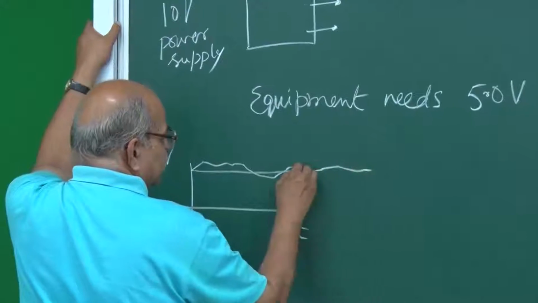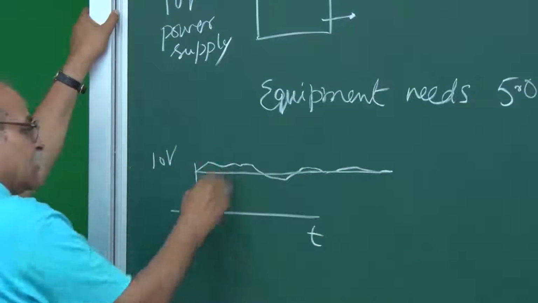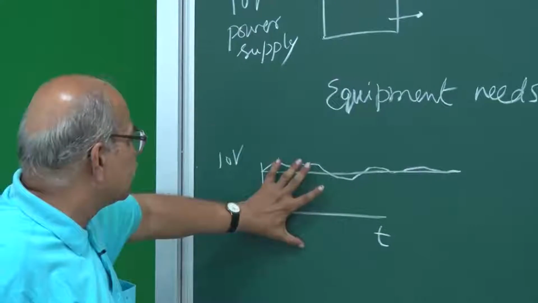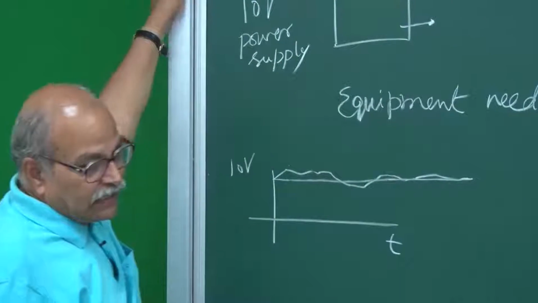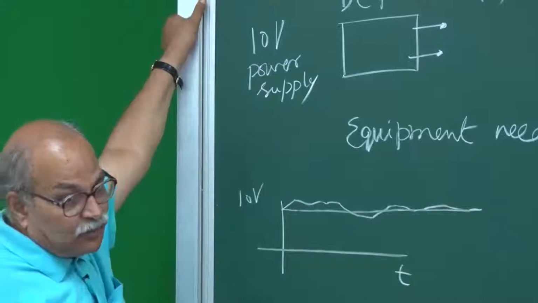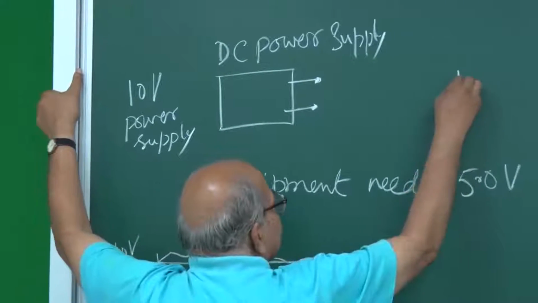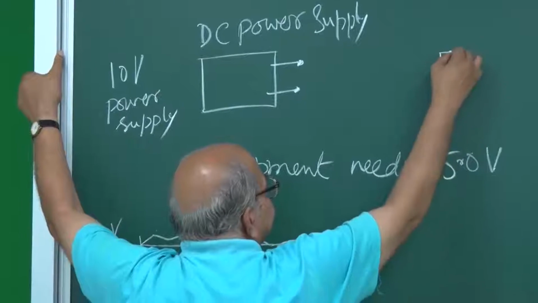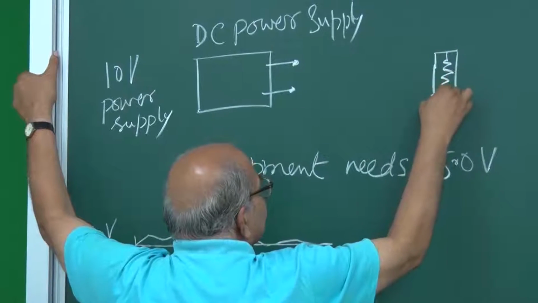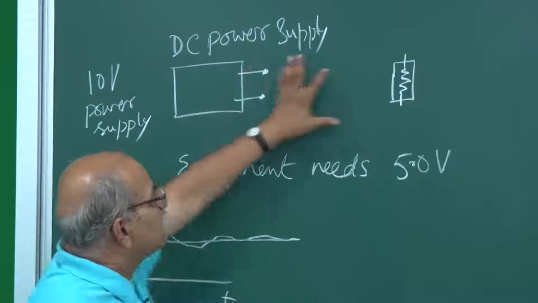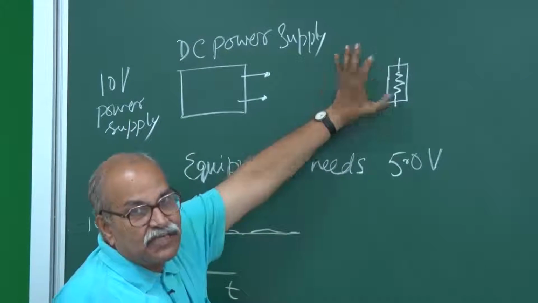So it is fluctuating from 10 to, let's say, 10.2 here, 9.7 here. This kind of supply is coming here, and then we have some equipment here. Let me denote it by some resistance-like symbol. Suppose this is the equipment, and here I need just 5.0 volt.